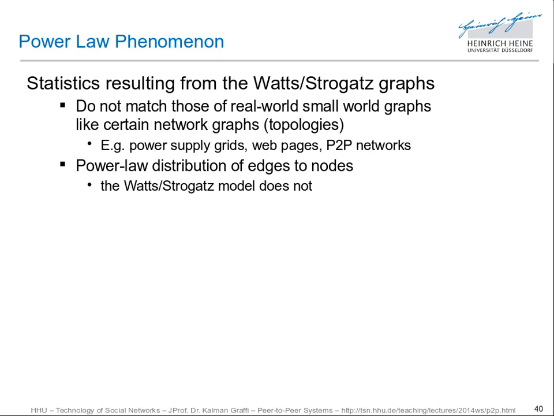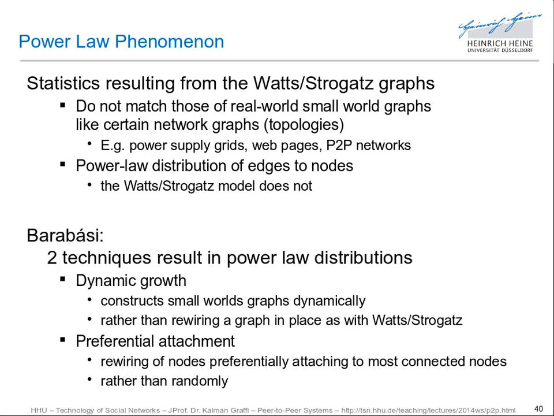So we have an extension from Barabasi to turn those graphs into graphs with a power law distribution. We have these two techniques to turn this graph into a Barabasi graph.